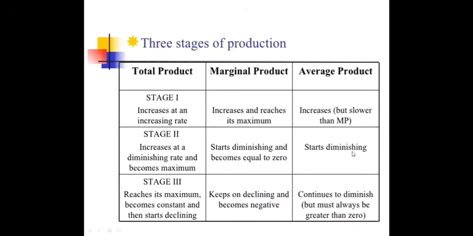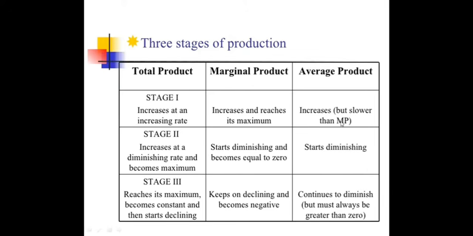So the same thing which we have already discussed is the 3 stages of production. Stage 1: total product increases at an increasing rate, and marginal product increases and reaches its maximum, which is the inflection point. Then average product increases but slower than MP.